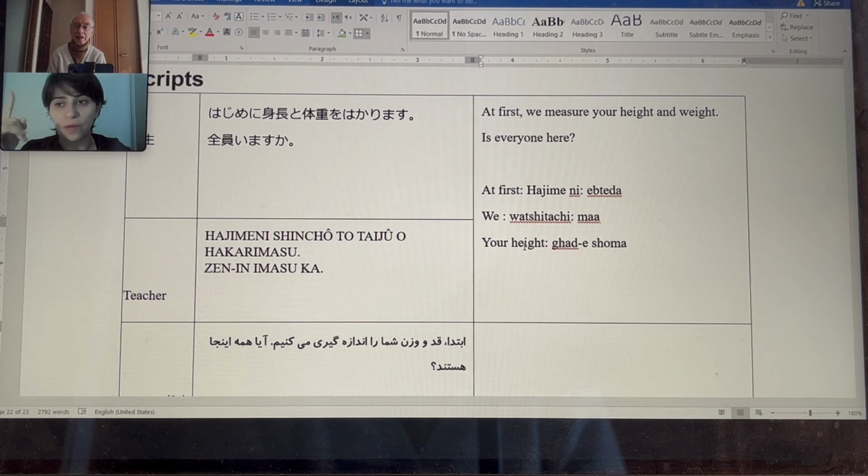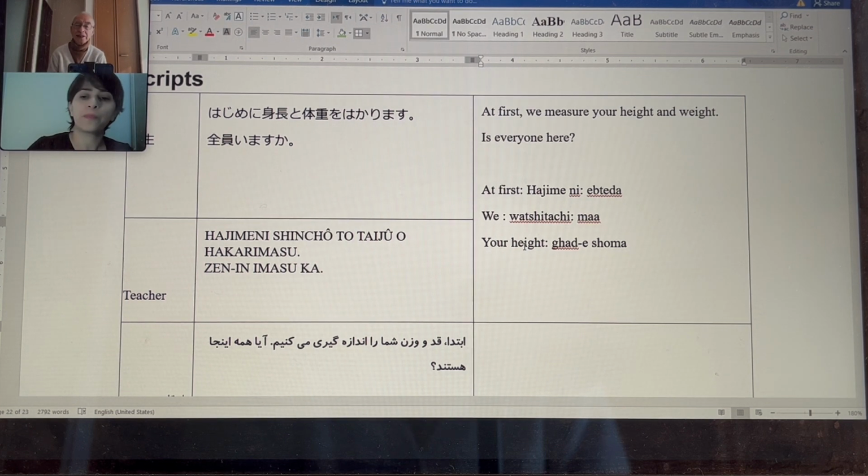It's not only one person. If it was only one person, singular, you could say ghadde to. But even for a singular person, it is better to use shoma because shoma is more respectful and more polite.